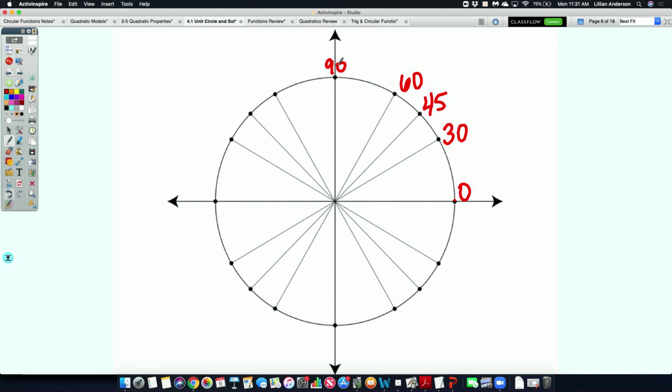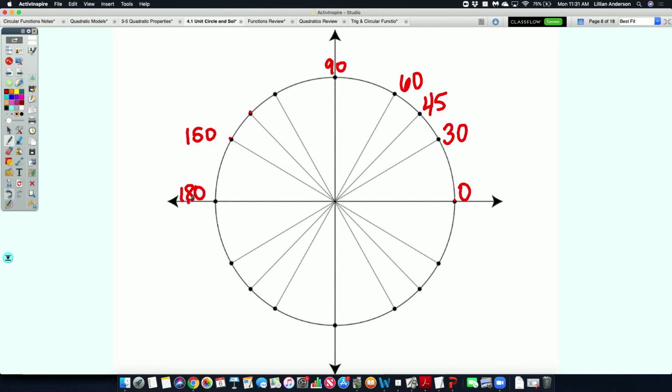Let's go ahead and hit the rest of these. Straight across on your negative x-axis, that's 180 degrees. It's half of a circle. And then the point before, so this point right here, would be 30 degrees away from 180, which is what? 150.